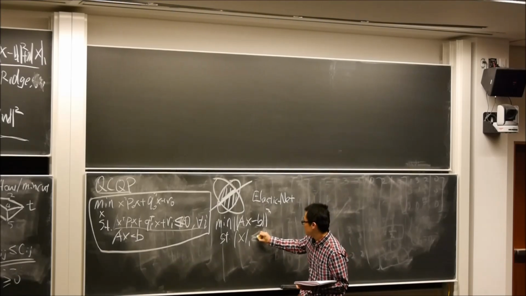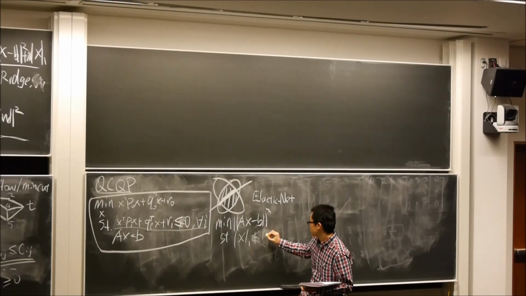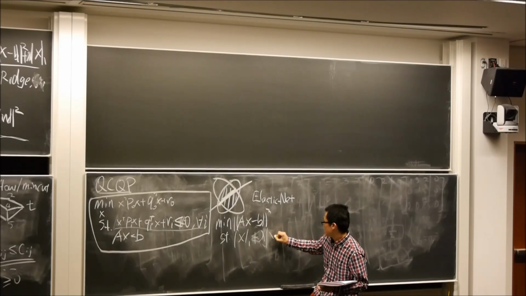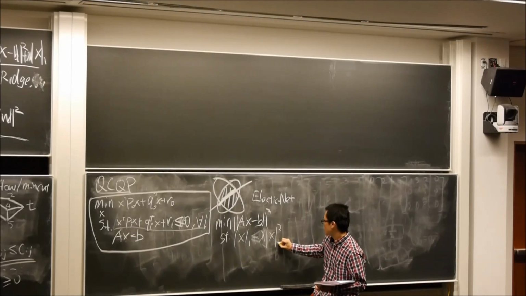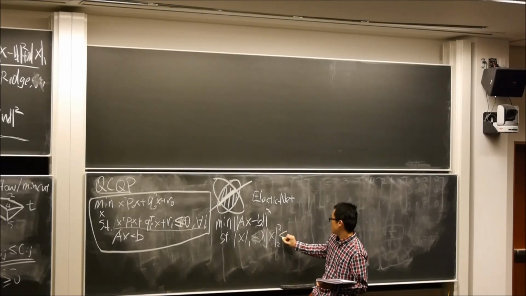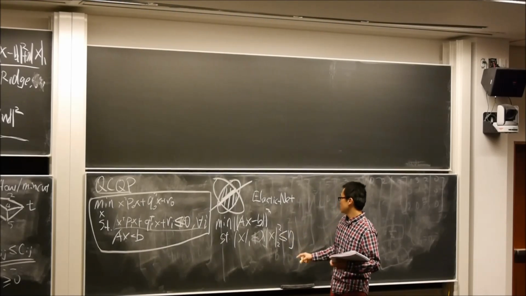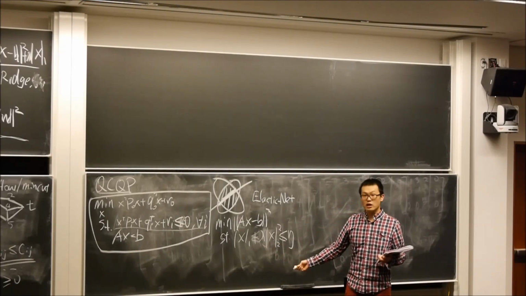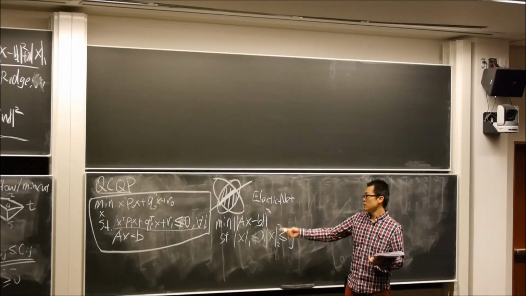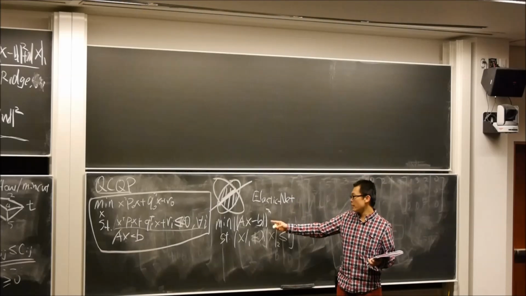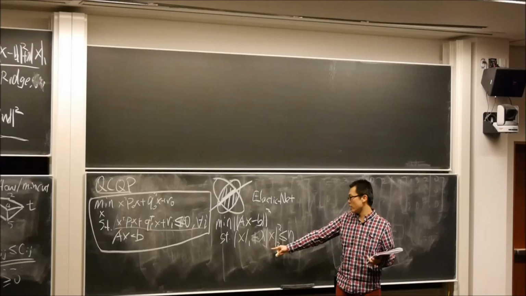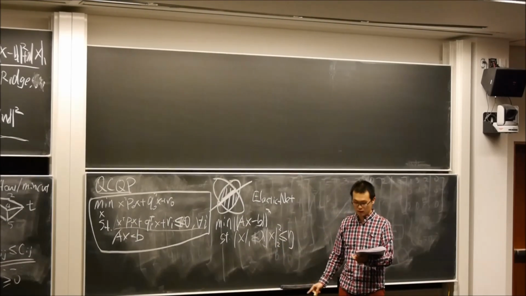So elastic net has this thing, plus lambda, this is a parameter, the two norm of x squared is smaller than some parameter, eta. So this elastic net in its constraint form is a QCQP, because up here the objective is quadratic, and we also have a quadratic constraint.